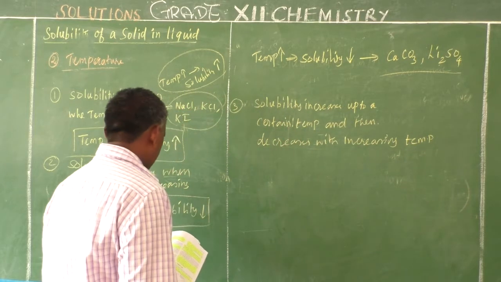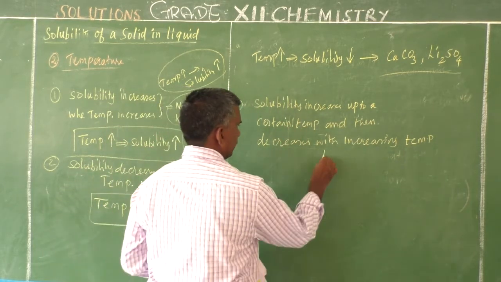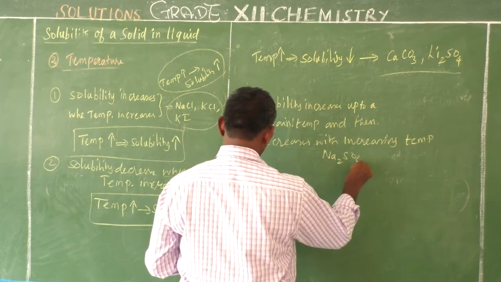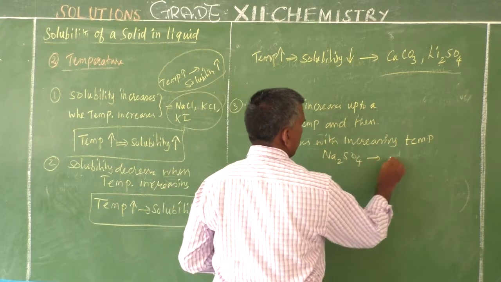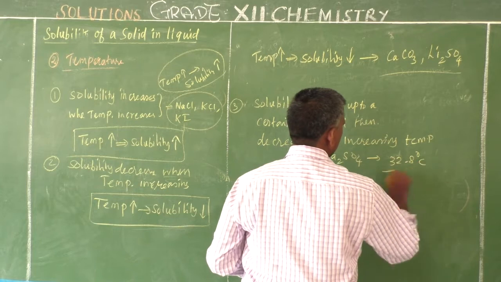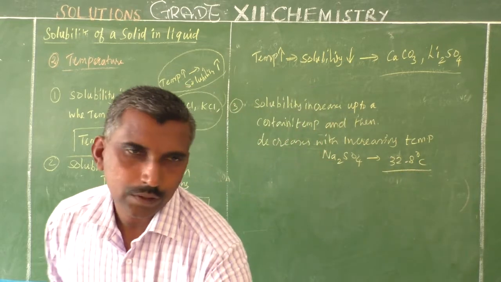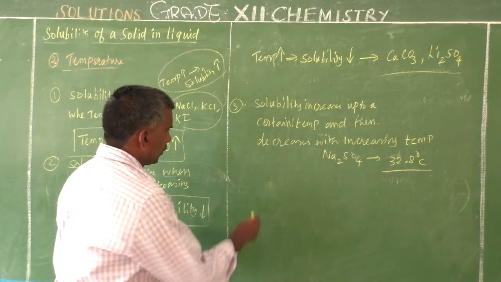Example, sodium sulfate. Sodium sulfate has a maximum solubility at 32.8. You can see, there is one graph.